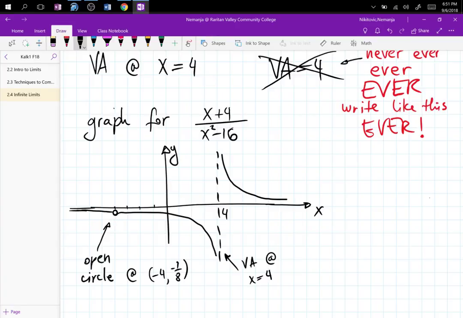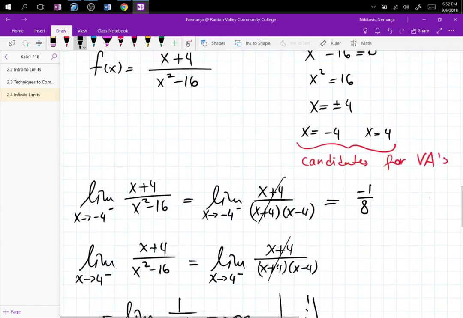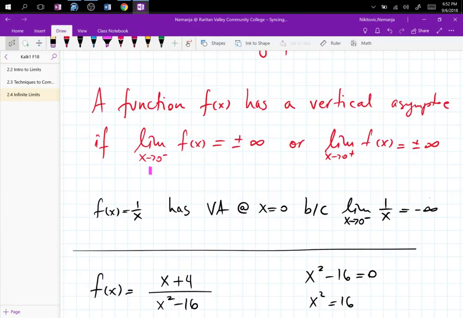So this is the problem where you learn that we need to now upgrade what we know from pre-calc 1, and that is that 0 in the denominator sometimes produces a vertical asymptote and at other times produces just an open circle. So you just have to be careful. The way to distinguish between those two is to learn the definition.